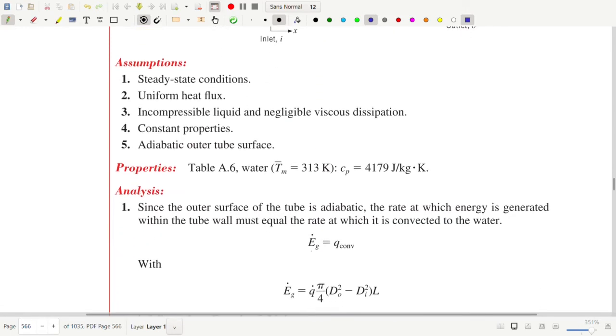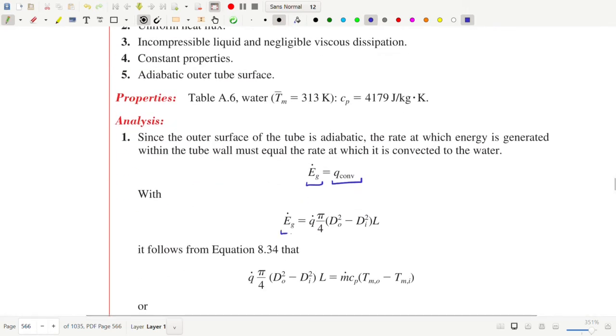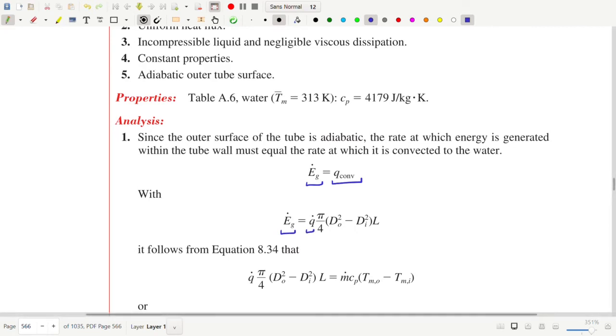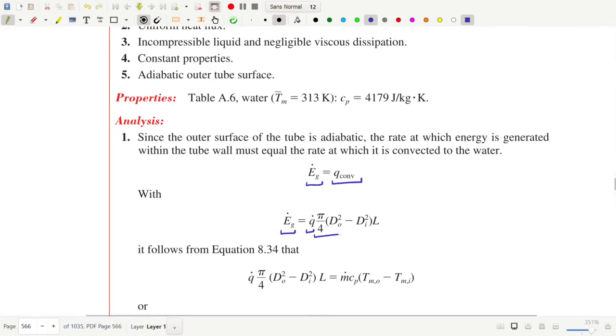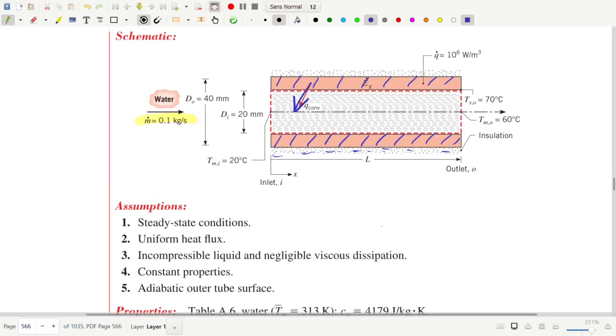Whatever power is produced by the heater has to go as the heat convected into the water from the pipe. So this energy generated by the heater is simply this Q dot, which is watts per meter cube, multiplied by the volume of the solid region of the pipe, which is the volume of the outer pipe diameter minus the internal pipe diameter.